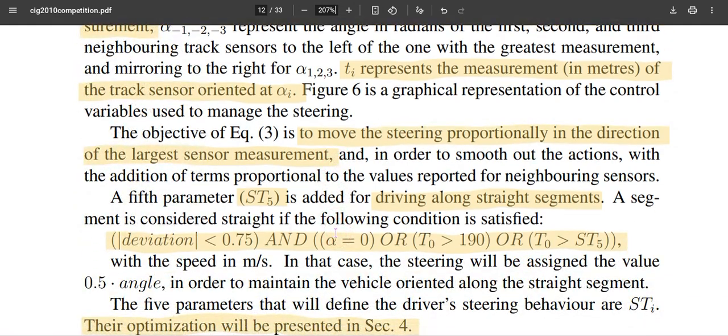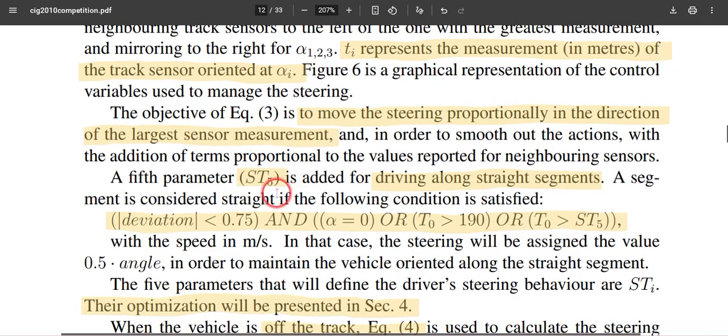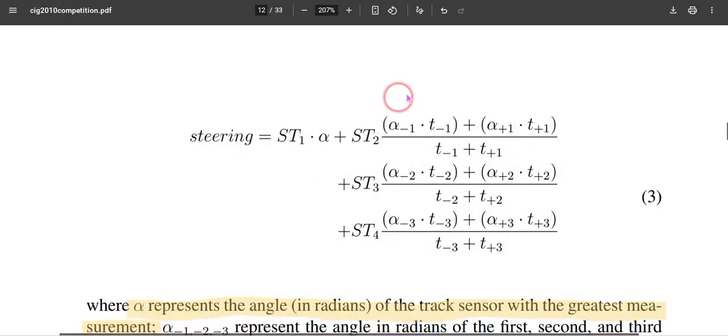And there is also another, fifth parameter ST5, for driving along the straight line segments, and there will be a value to determine whether we are going straight or not. If alpha is zero, then it means that it's going straight. If alpha is non-zero, then we are going along a curvature, and then those equations will be invoked.